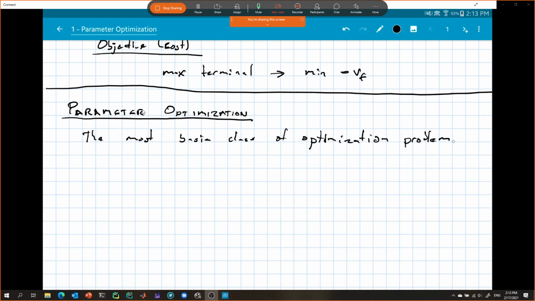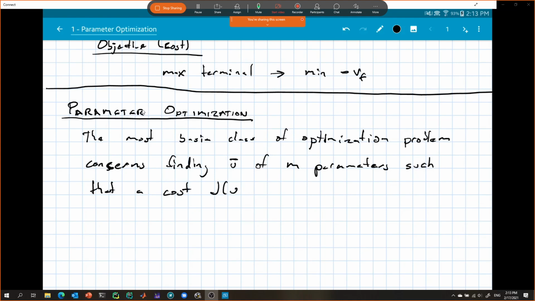It concerns finding some vector u of m parameters such that a cost J of u, this bar means it's a vector, I might forget it, so forgive me, is minimized.